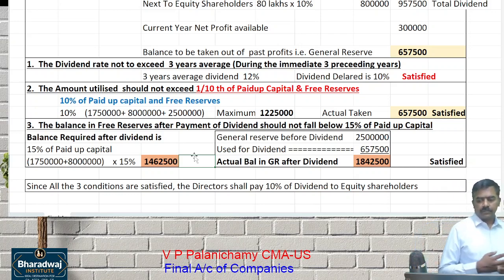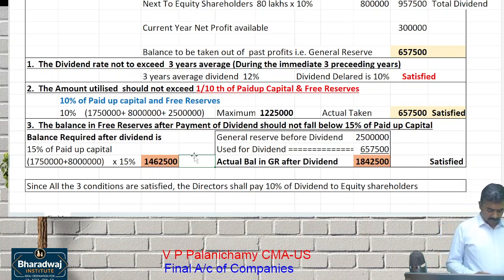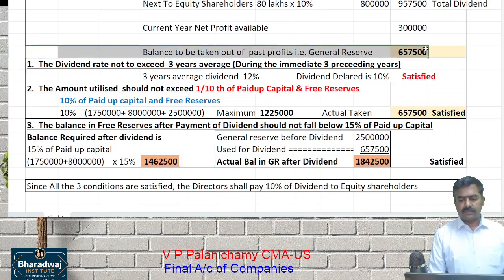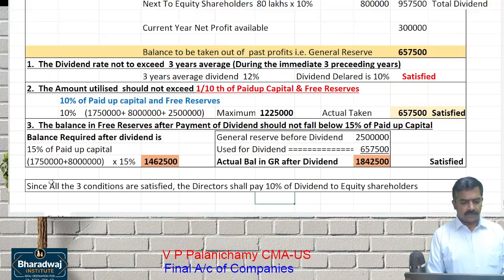Take up this. So in the question, how much we are going to use for declaring dividend? 6,57,500 we are going to use out of general reserve.